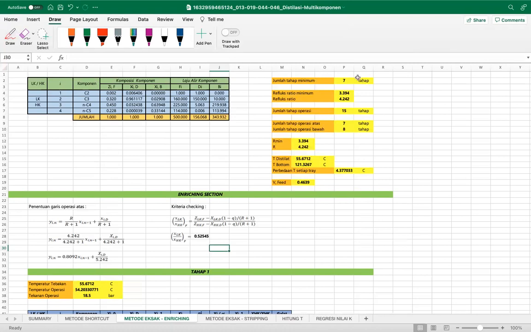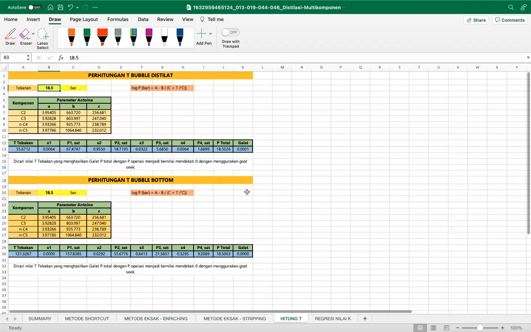We know the minimum stages, we know the minimum reflux ratio, we know the reflux ratio, we know the N, or the jumlah tahap operasi, the top stage and also the bottom stage. And also this one, to get the distillate and the bottom temperatures, how to get them. This one is also very important, so let's have a look at this one, the T.